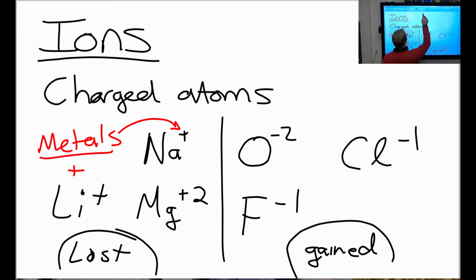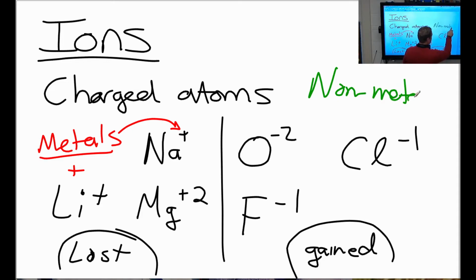These are all nonmetals. They form negative ions. Positives like negatives. Opposites attract. So they will form bonds. They will form ionic bonds. Metals and nonmetals like to form bonds through this opposites attract paradigm.